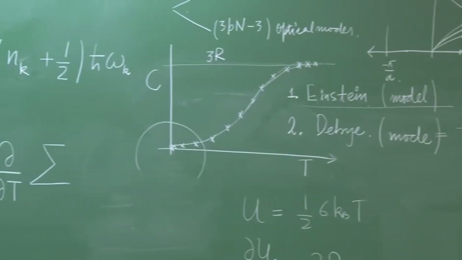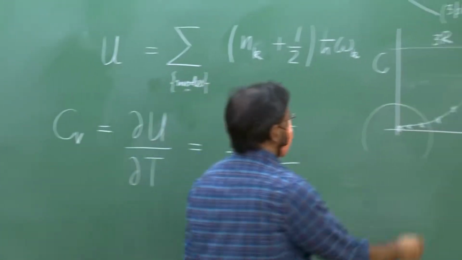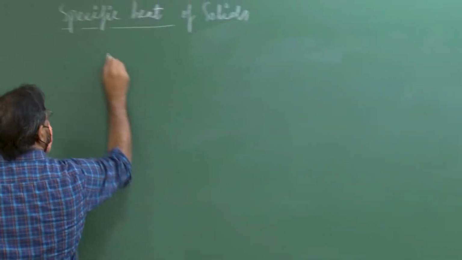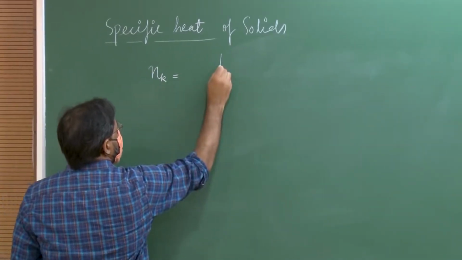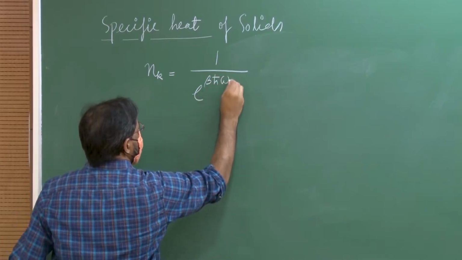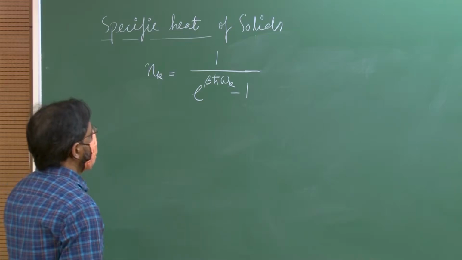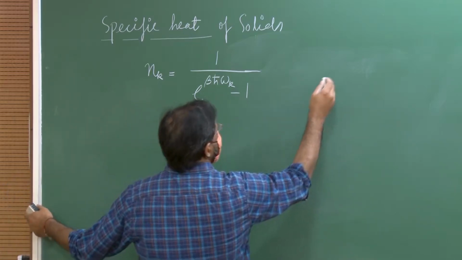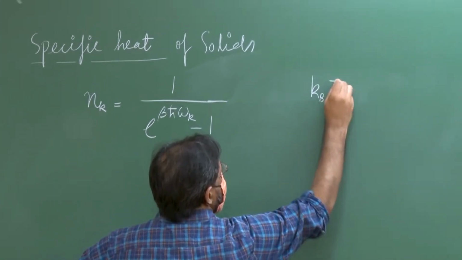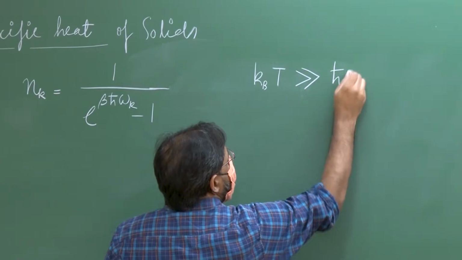So first, let's do the easier part, which is the high temperature side. When the temperature is high, n_k is 1 over exponential of beta h bar omega_k minus 1. If the temperature is too high, that means k_B T is much greater than h bar omega_k.